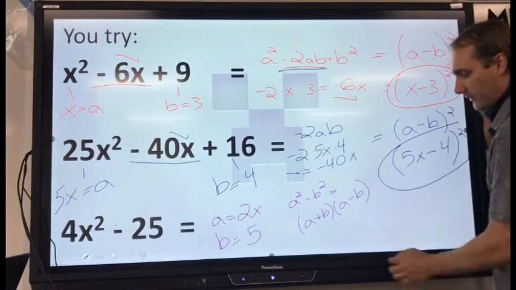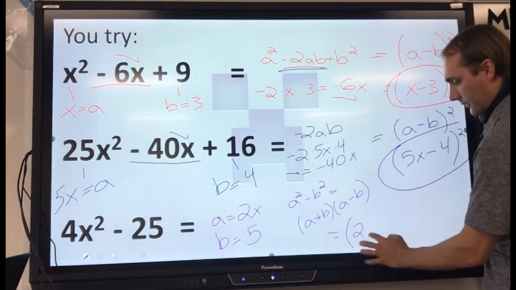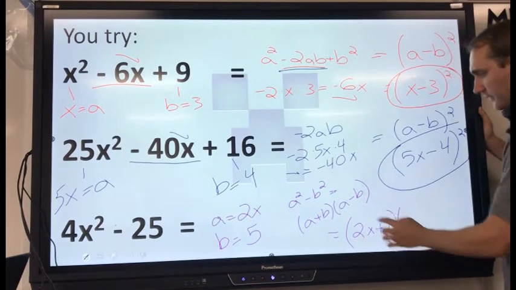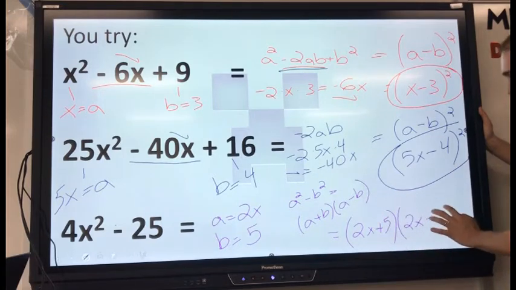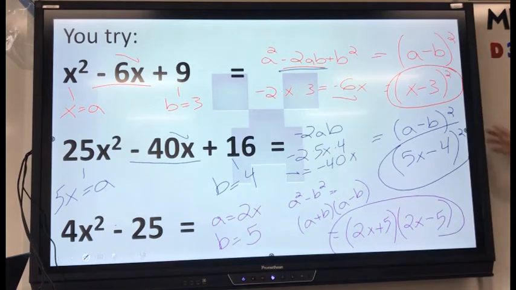Where I found my a and b, so this factors into a, 2x, plus b, 5, times a, 2x, minus b, 5. (2x plus 5)(2x minus 5) is what you should have got for the last one.